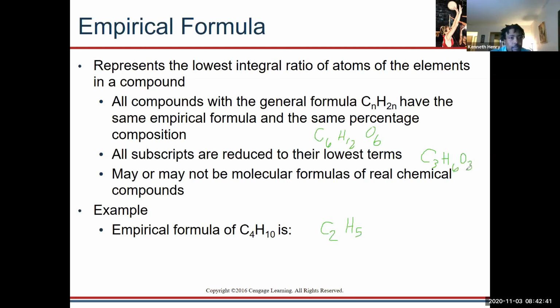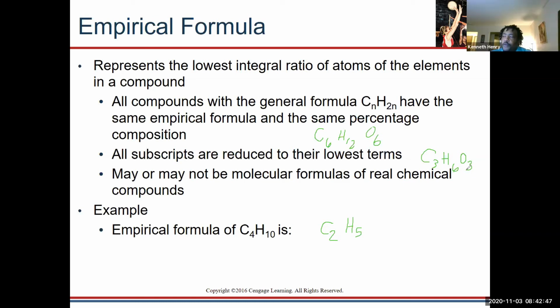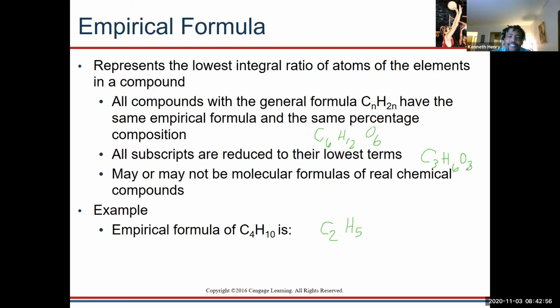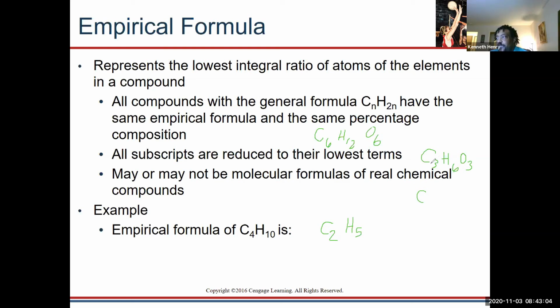Okay, good job. Are you sure that's the lowest form now? No. Can I divide it by anything else? Yeah, you could divide it by 3. Can I get even smaller than this?